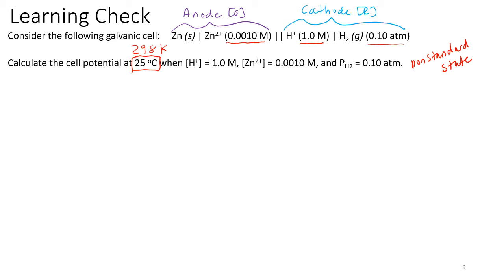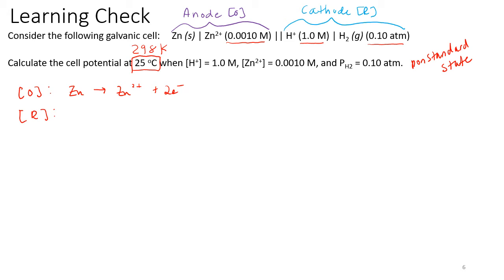And notice that our cathode, it's hydrogen. So that's actually the standard hydrogen electrode that zinc is being measured against. So the standard reduction potential for that cathode is going to be assigned as 0. So our oxidation half reaction then is going to be zinc going to zinc 2+ plus 2 electrons.